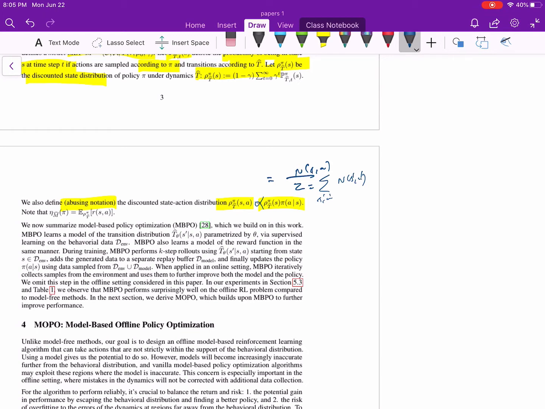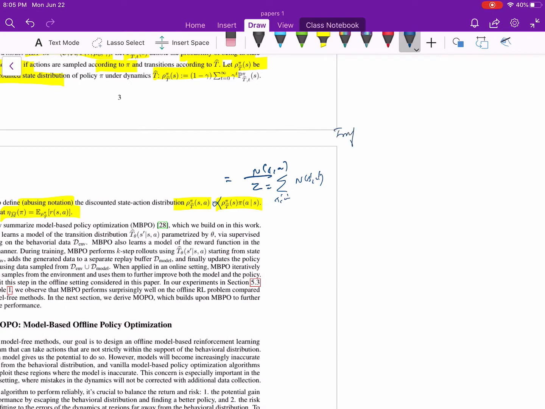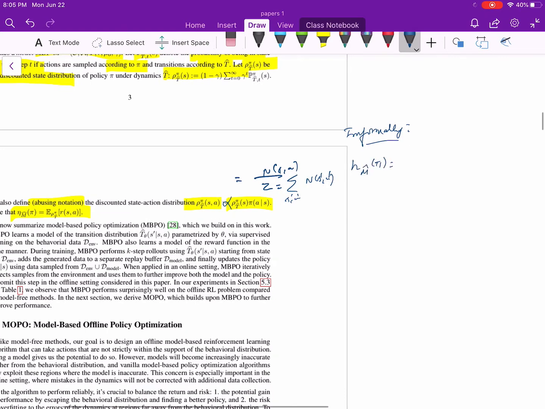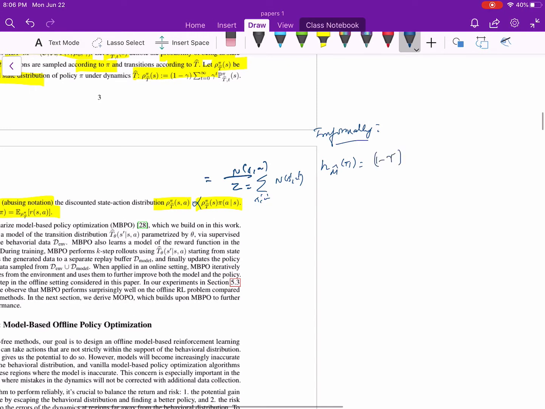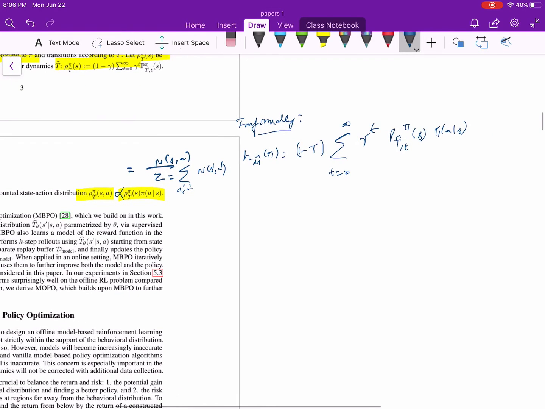Now there is this claim. I guess this is obvious, but informally I can write this down. Eta M hat of pi is equal to 1 minus gamma times the sum of gamma to the t, p, divided by this partition function, times r of s, a.